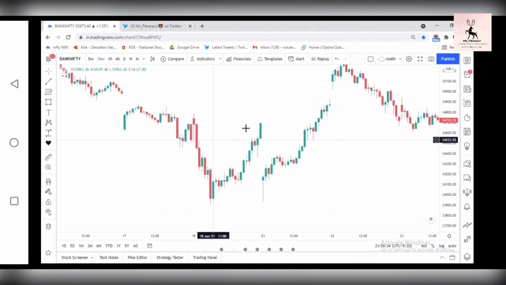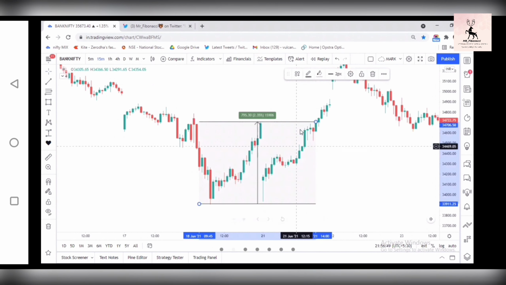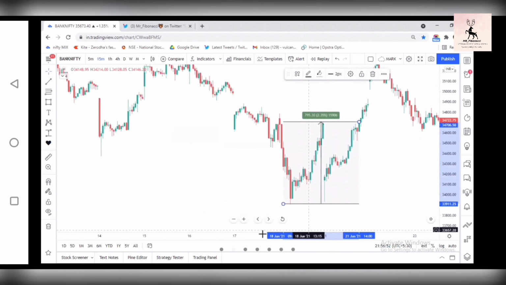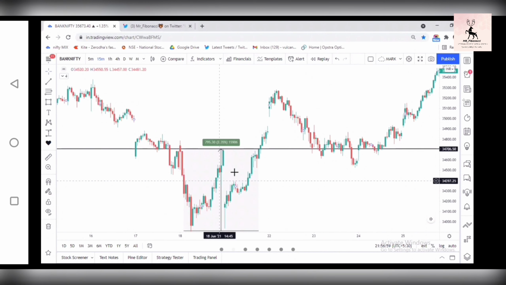Now try to understand what the measured move is. Here, when price was being pushed by the sellers, buyers just absorbed the selling pressure once, and sellers again pushed the market, but buyers again absorbed that pressure and pushed the market up again.